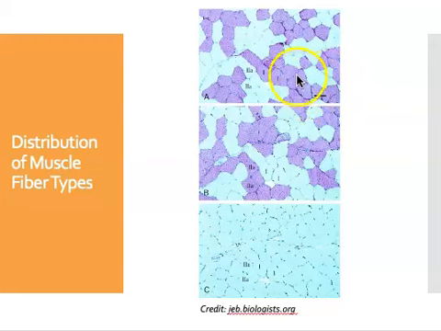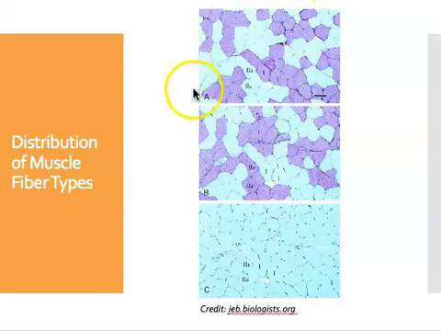And they are located everywhere you see this dark, sort of purple blue staining. Those are all type 1 fibers, again, in cross section. The other fibers, the ones that did not pick up stain, are the fast type fibers. The fast oxidative, that's type 2A, and fast glycolytic, that's type 2B. You would have to use a different stain in order to distinguish those from each other.